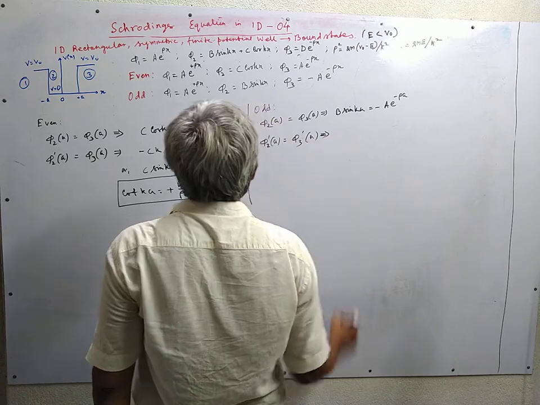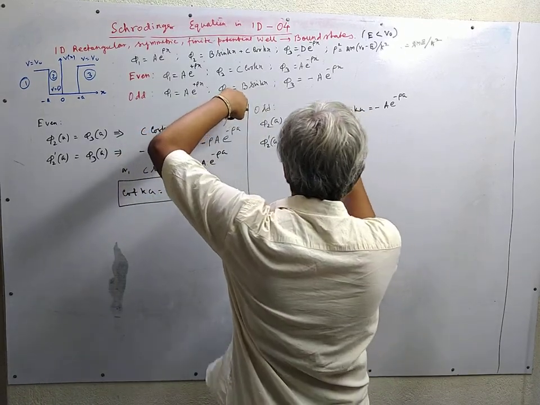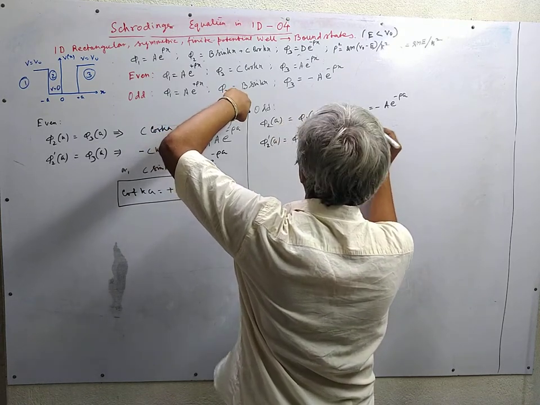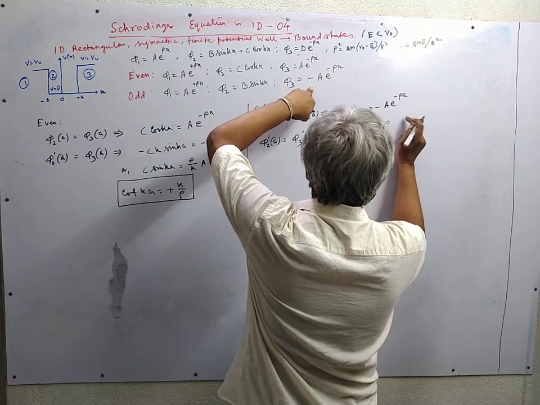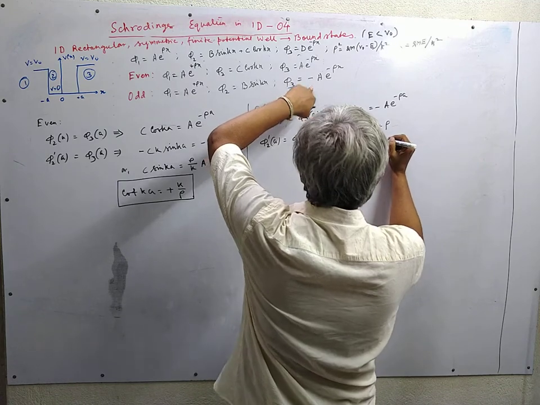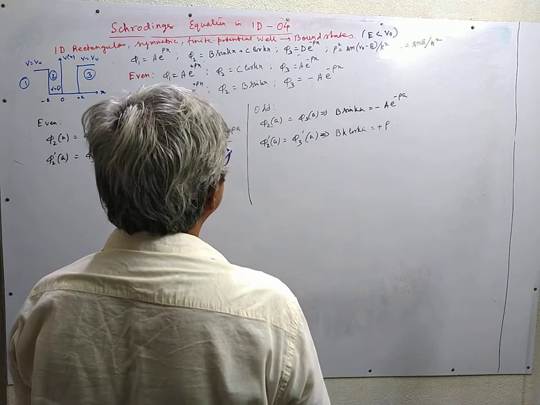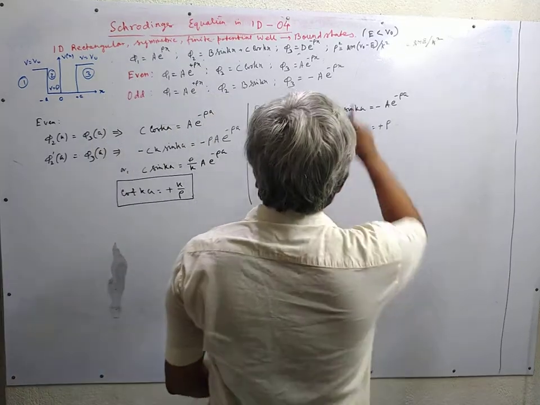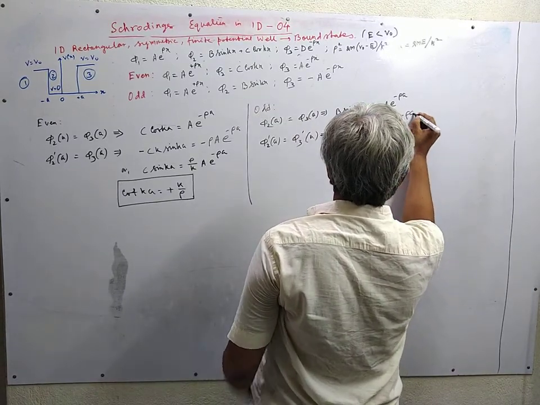This gives you Bk cos ka is equal to, for odd state, there is a plus, yes, it is plus rho A e to the power minus rho a.